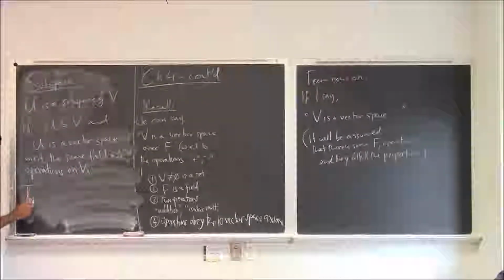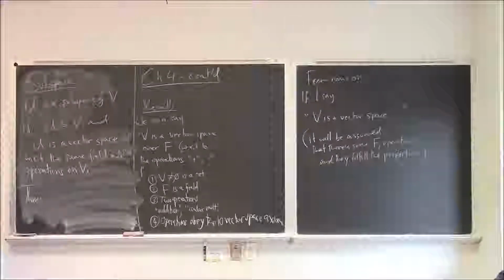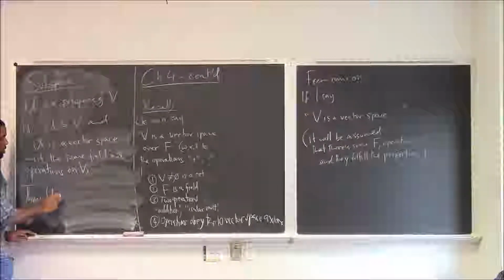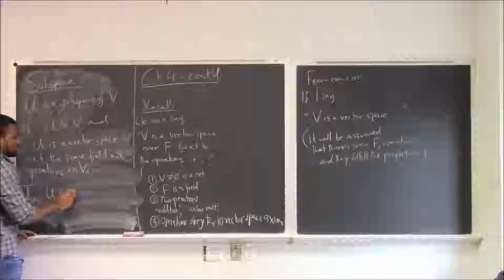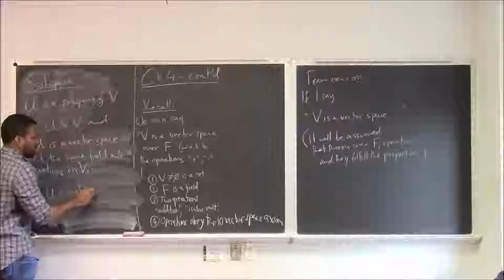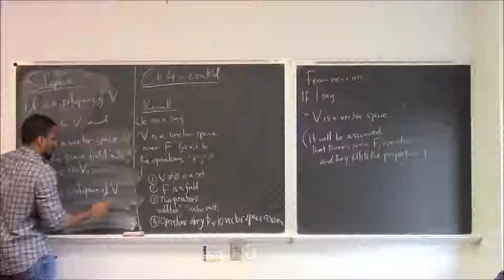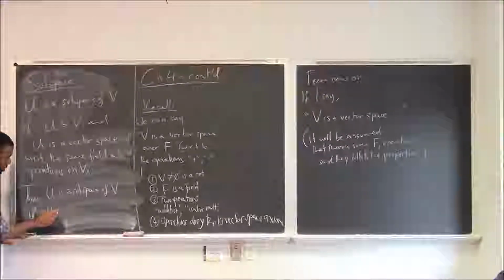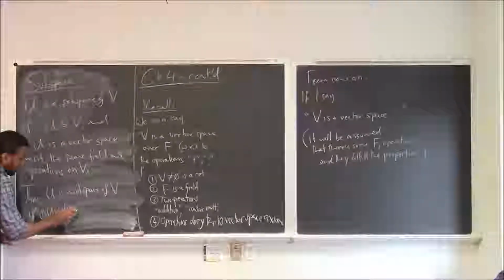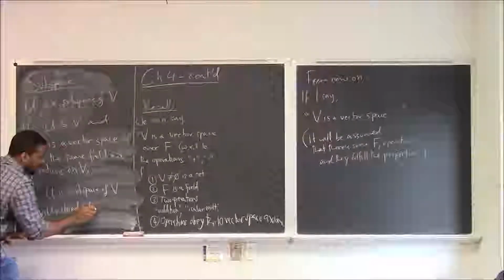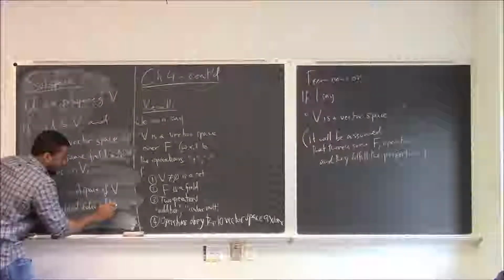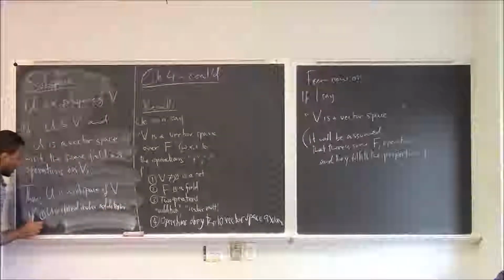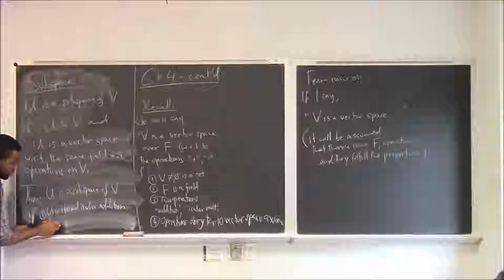And we have a very important theorem, so this is something you should know: U is a subspace of V if and only if, one, U is closed under addition, and two, U is closed under scalar multiplication.